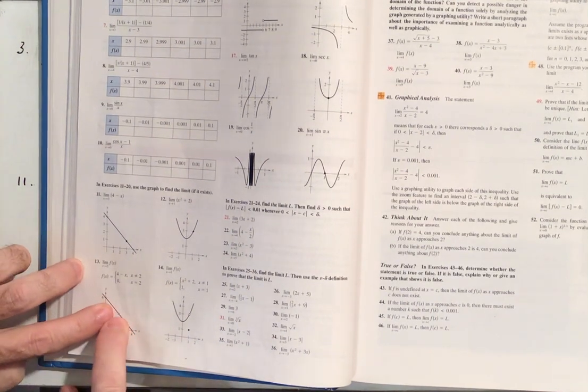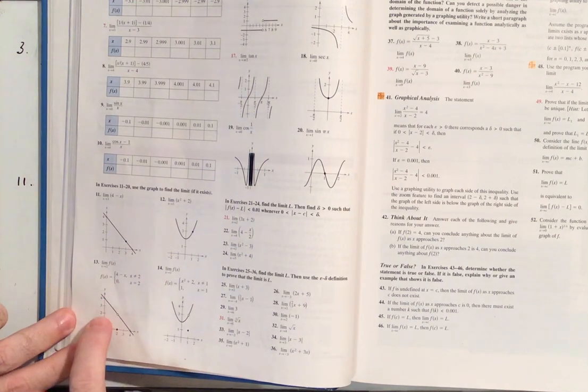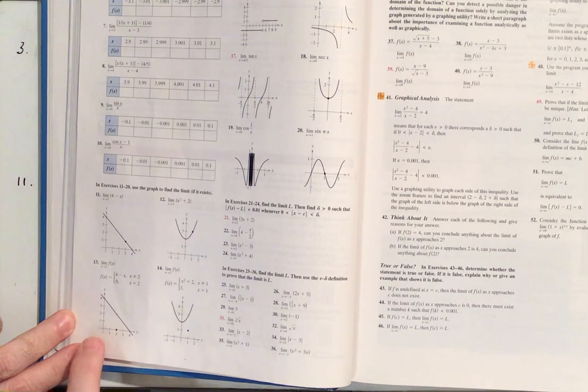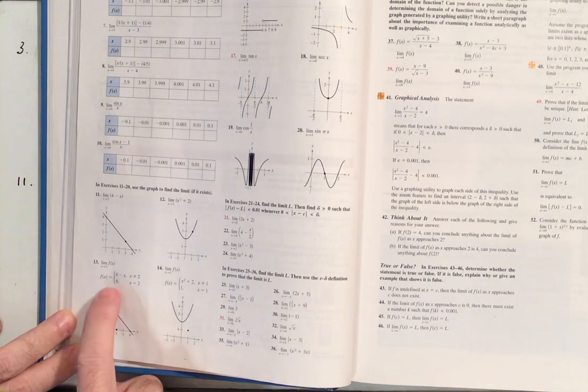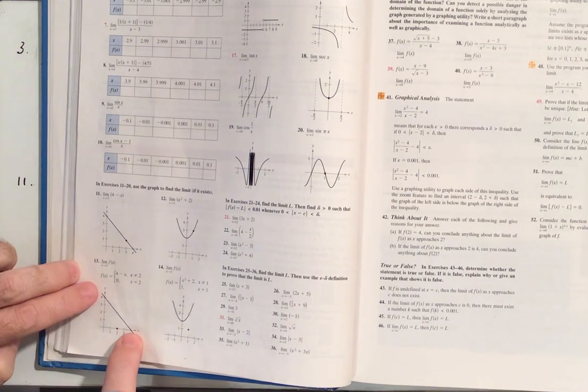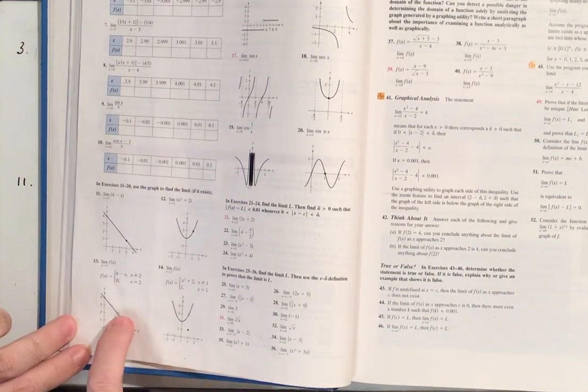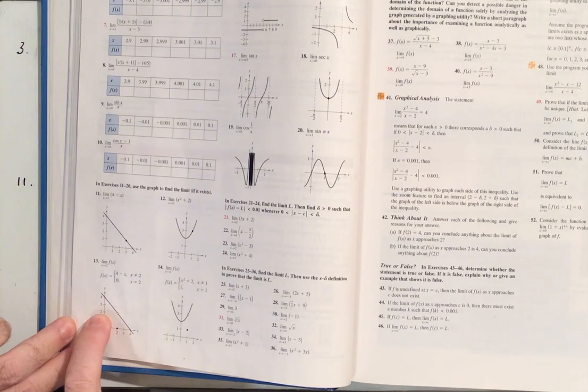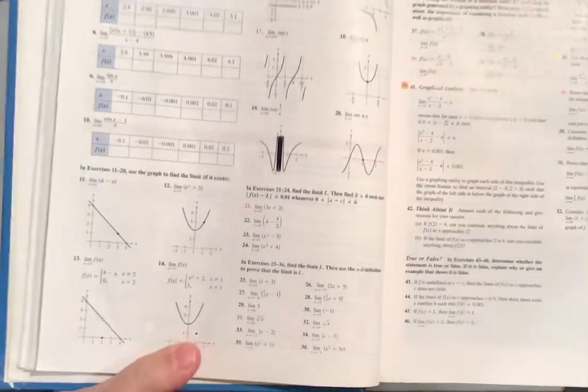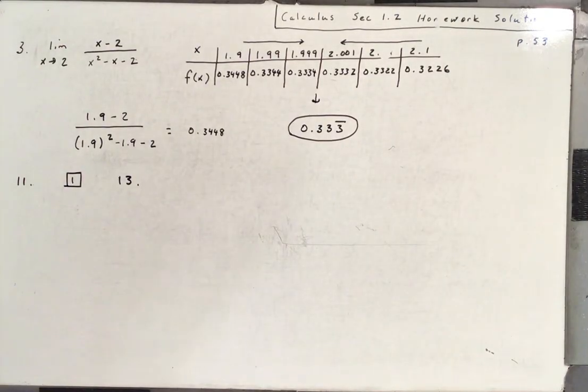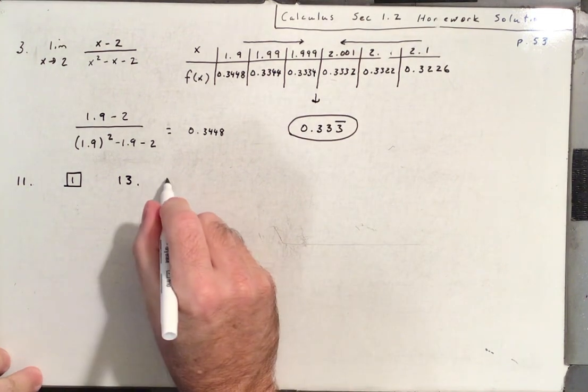Where do our hands come together? The y value where our hands come together is 2. The algebra solution is 0 because this is a piecewise function where y is equal to 0 at x equals 2. That's not the calculus solution. The calculus solution, the limit, is 2. The y value that is being approached is 2.